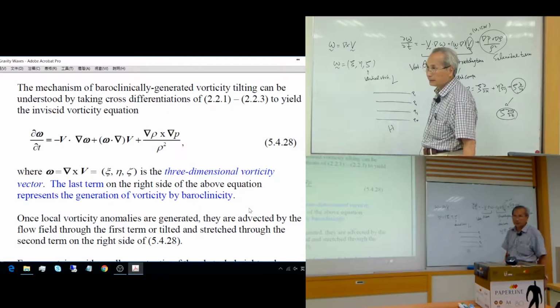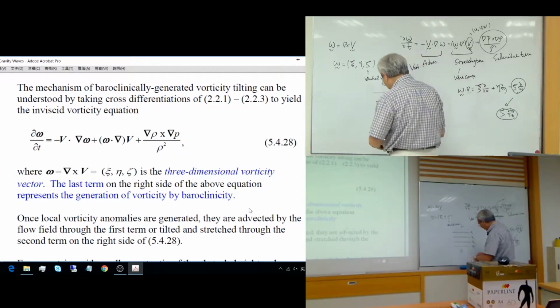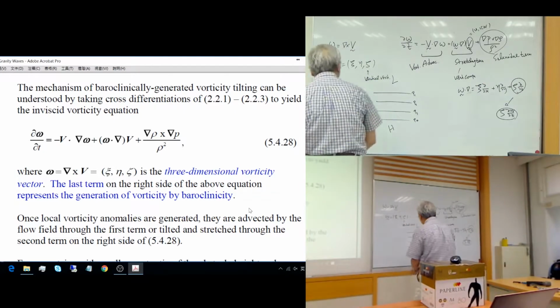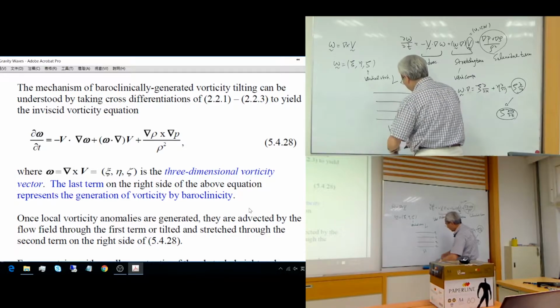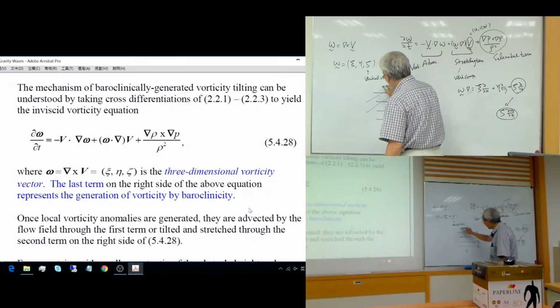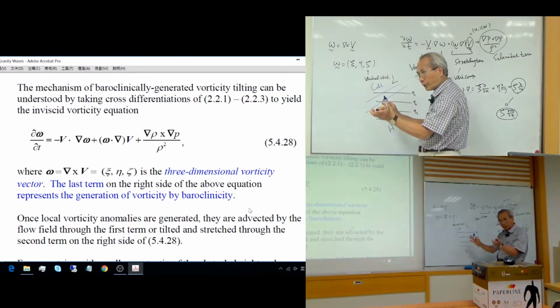If the cold air is here, then there's no solenoid term.